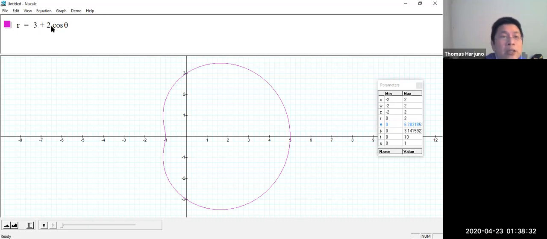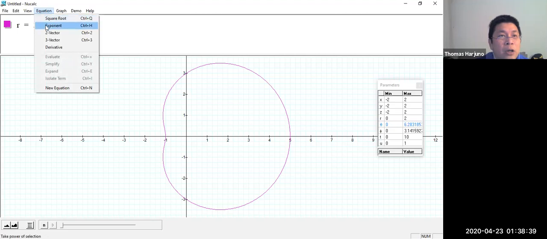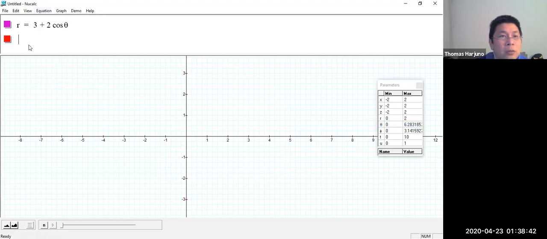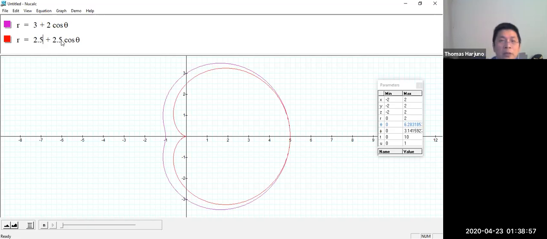Okay, now let's try to do it this way. We compare these graphs next to each other. What happens if I make it like this? The maximum value will still be the same. The maximum value will still be 5. You see? The maximum is still 5, and the y-intercept will be the constant.